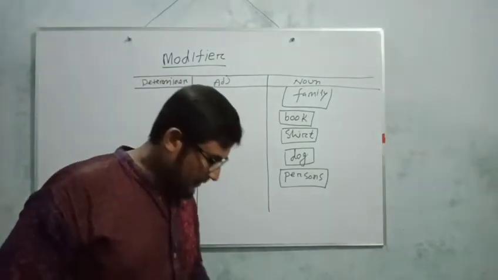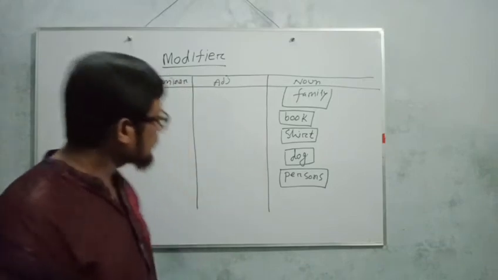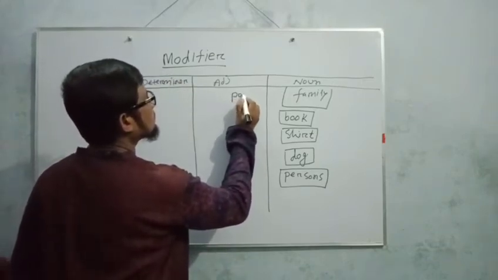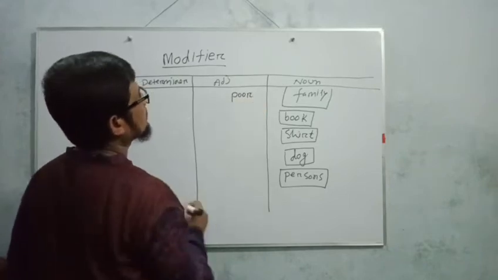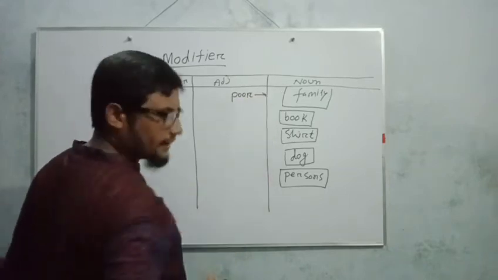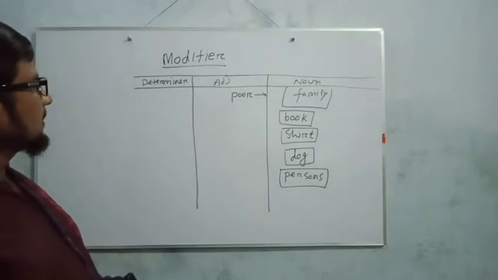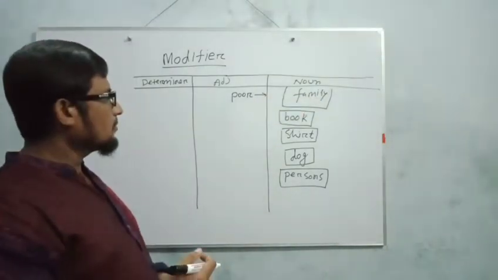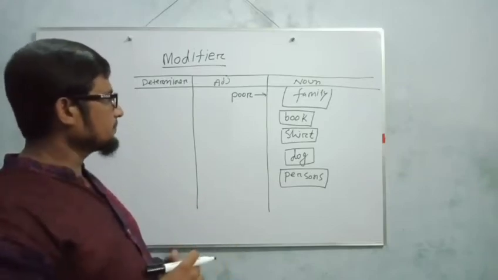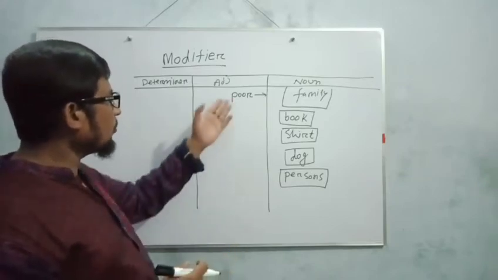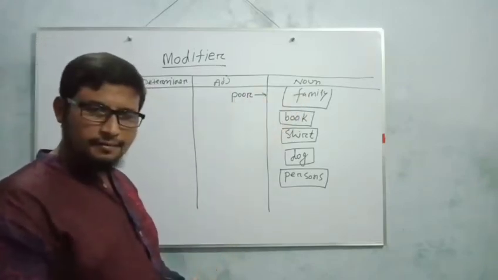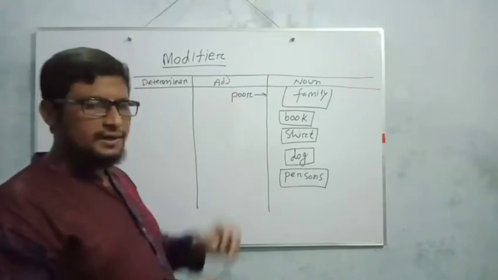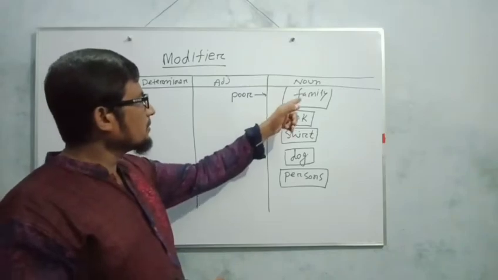Suppose we can write down a word poor. Look at. Family is a word which means only family. But when we add poor before the word family, the word poor gives an extra information about the family.